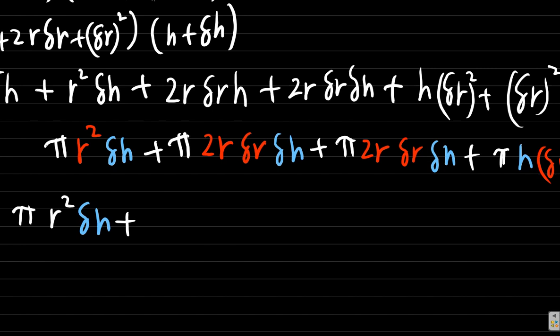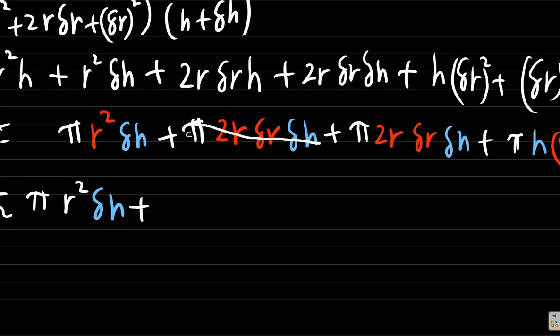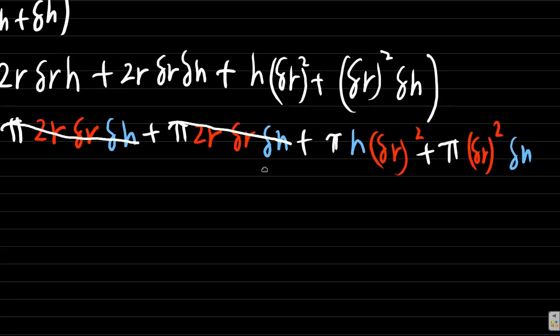Let's get rid of that. Very, very small. So let's ignore it. And in fact, this here would not be an equal sign. It would be an approximately equal to sign. It's not exact. We're weeding out all of the much smaller changes. Small change in r times small change in h. That's very, very small. Just ignore it.